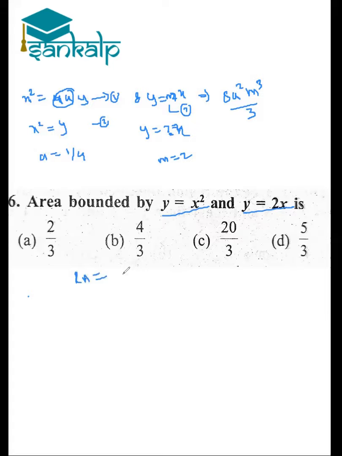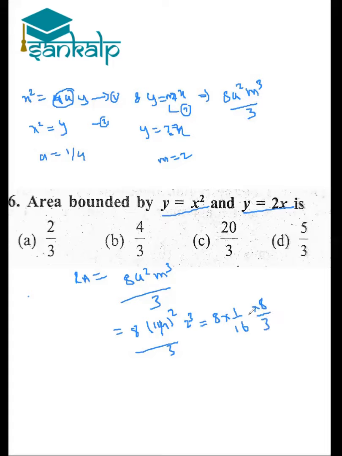So the required area is equal to 8a square m cube upon 3. On simplifying, we get 8 into a square, which is 1 by 4 whole square, into m cube, which is 2 cube, upon 3. So 8 into 1 by 16, 2 cube is 8, divided by 3.